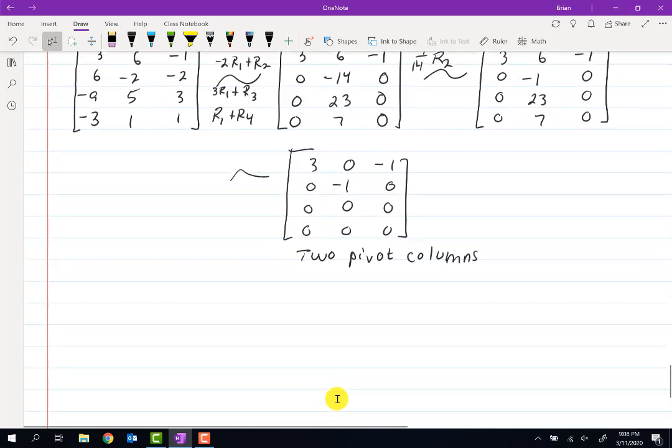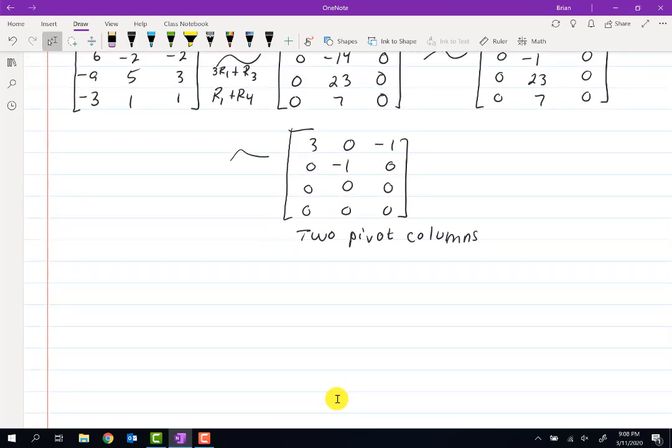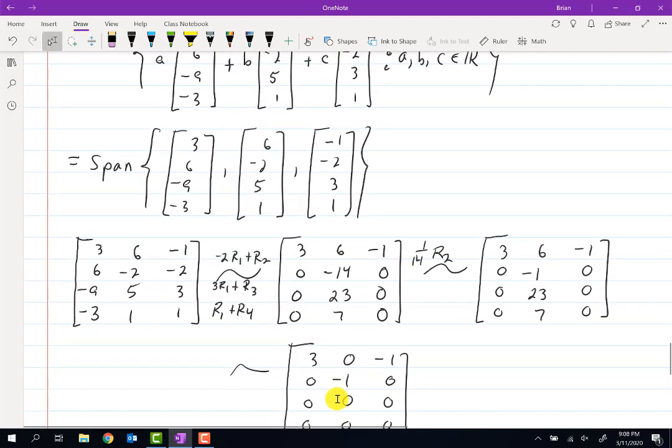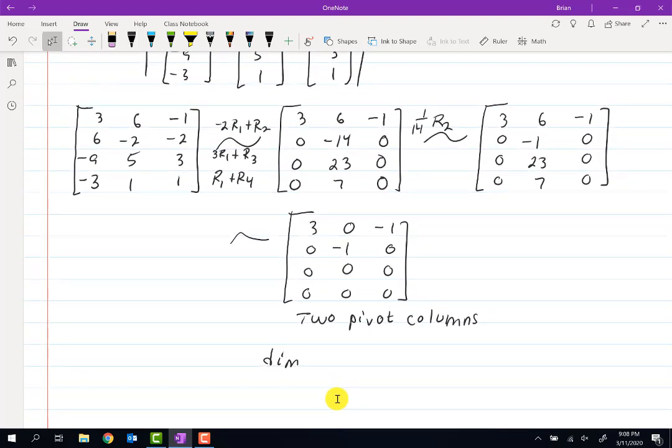That means that the dimension of the column space, so the dimension, did I give the name of this matrix? I did not give this matrix a name. So I am going to call this matrix by the name A. So dim col A is equal to 2.